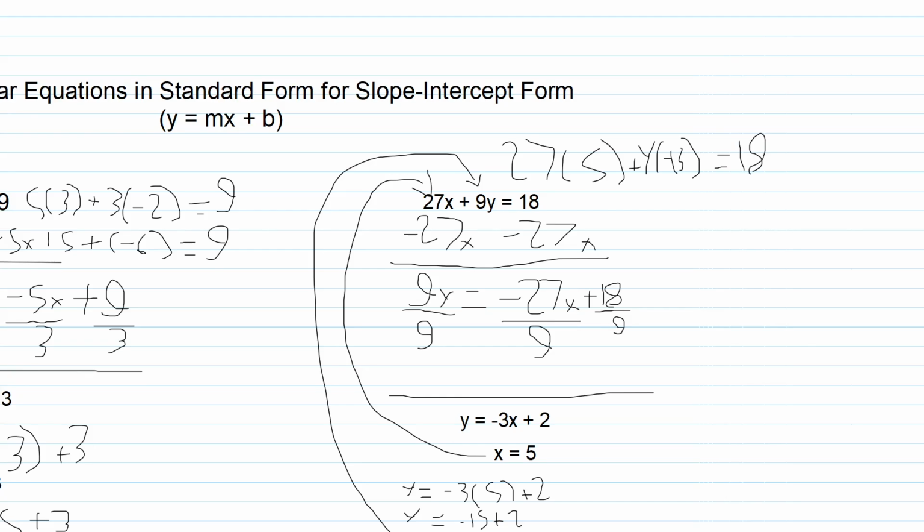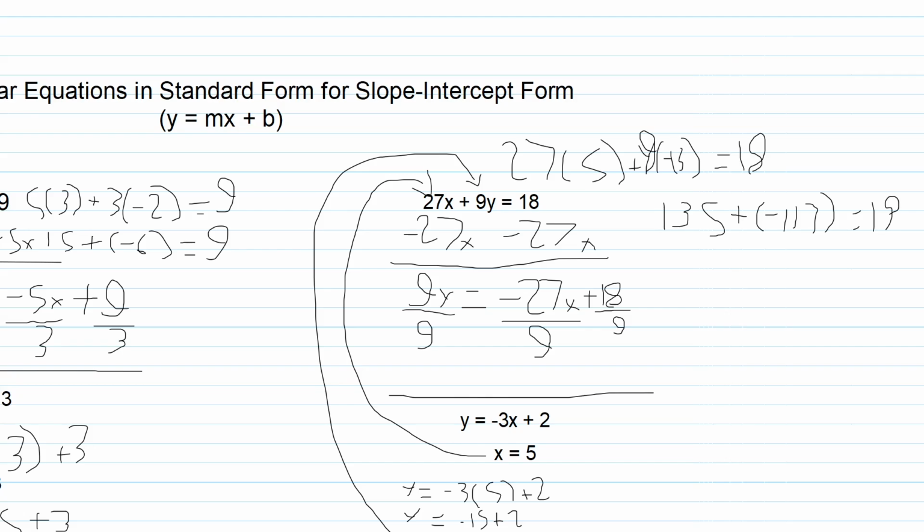Now, if this is not true, we must have screwed up in our math. So let's try this. I'll use my calculator. 27 multiplied by 5, that is 135. Plus 9 times negative 13, which is our y value. 9 times negative 13, that's negative 117. So 135 plus negative 117 needs to be equal to 18.